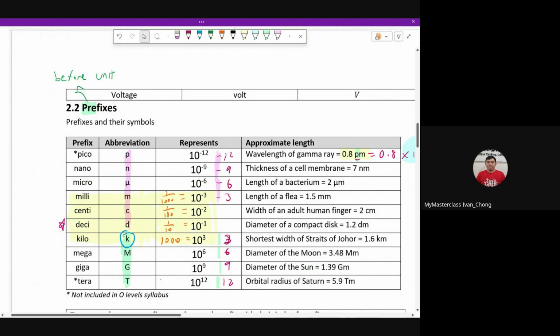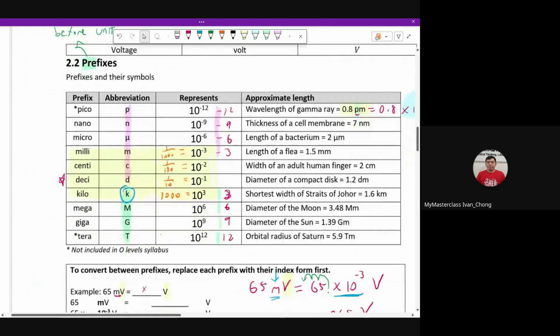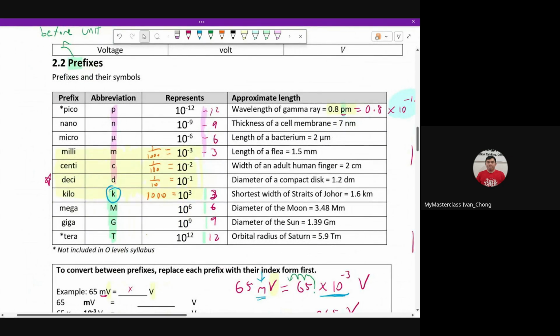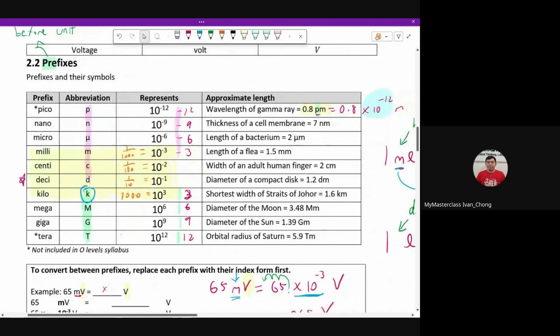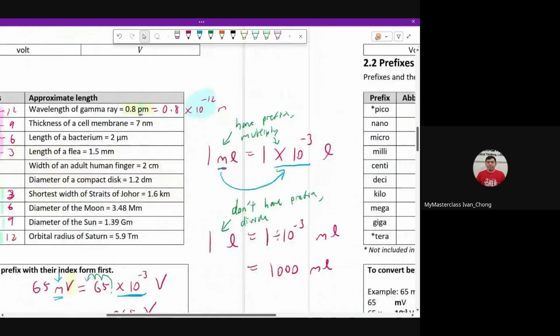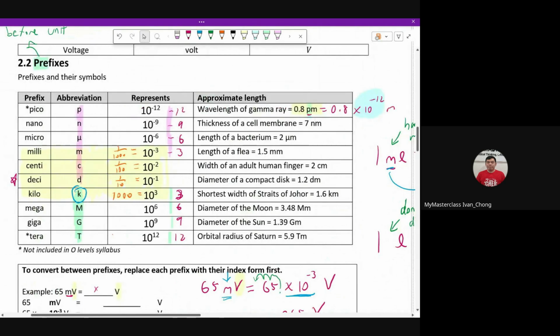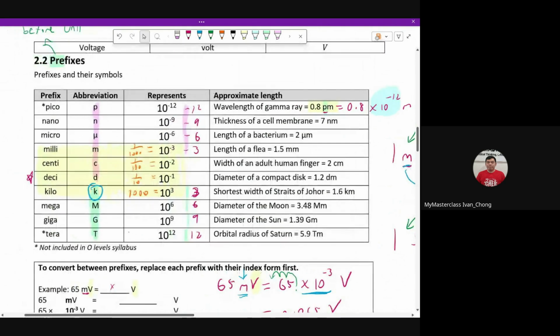For the rest, most of the time, either your school will give it to you in the question, they'll tell you the value, or if your school teaches it, they'll probably ask you to memorize the whole thing. Just remember these values. If you want to use hundreds and thousands itself, you can use the one over here. But basically, for the bigger numbers, you cannot just use hundreds and thousands. You need to be familiar with what the values are.